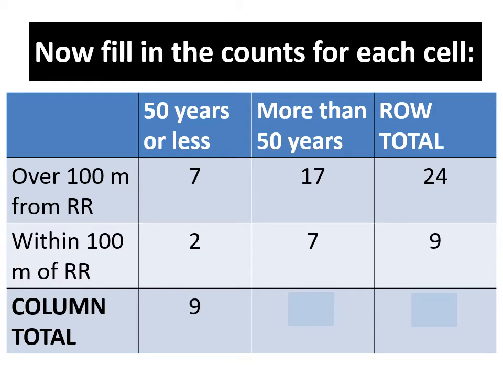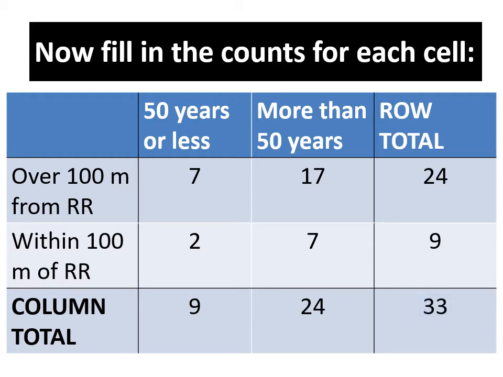There are 9 houses that are 50 years or younger, and there are 24 houses that are more than 50 years. It's just happenstance that it says 9 and 24 and 24 and 9. This doesn't always happen. It just depends upon the vagaries of your sample. So don't expect to see some strange pattern like this in every scatter plot.